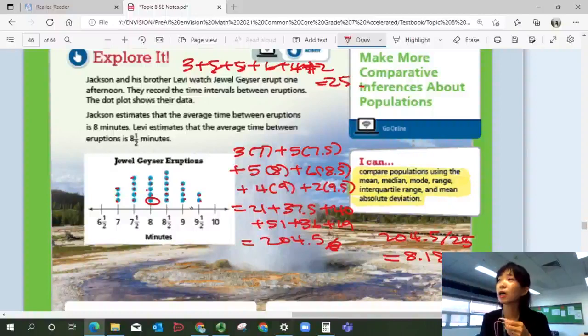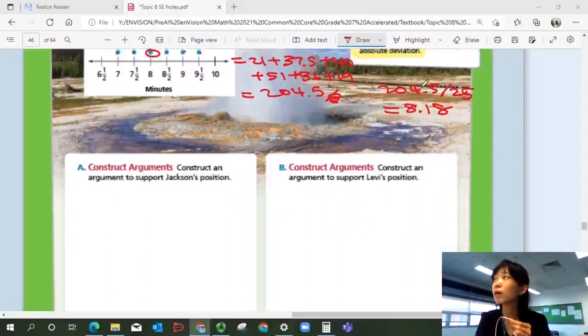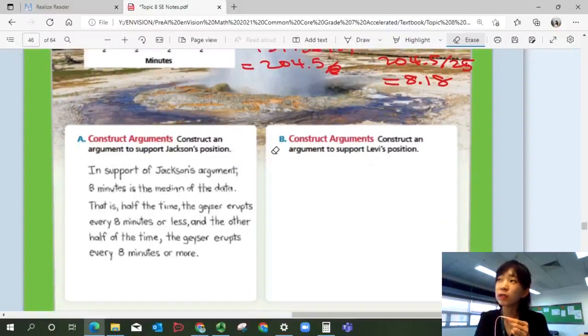So then maybe Jackson is talking about the median. In order to support his argument, we can say 8 minutes could be the median of the data. So half the time the geyser erupts every 8 minutes or less, the other half of the time, the geyser erupts every 8 minutes or more. Could be his argument.